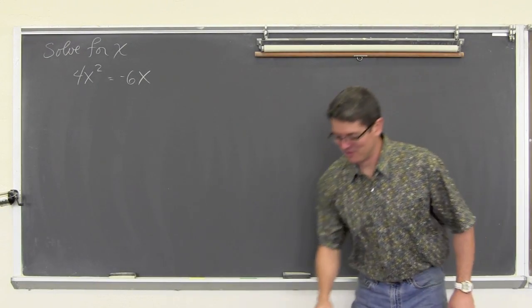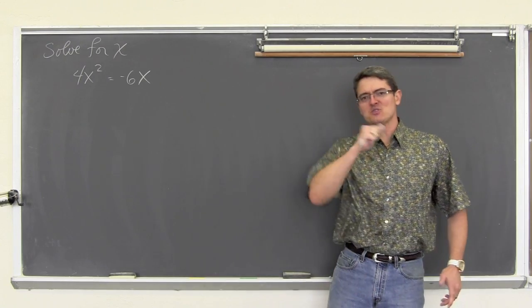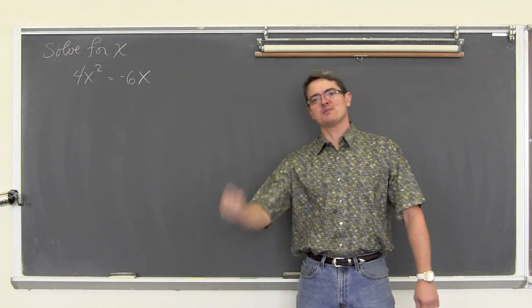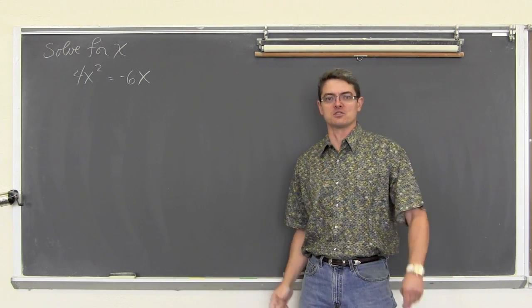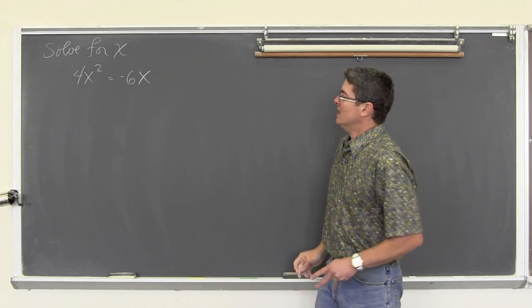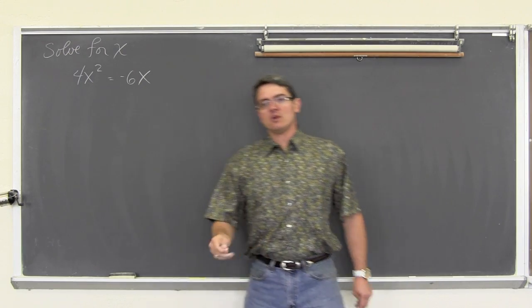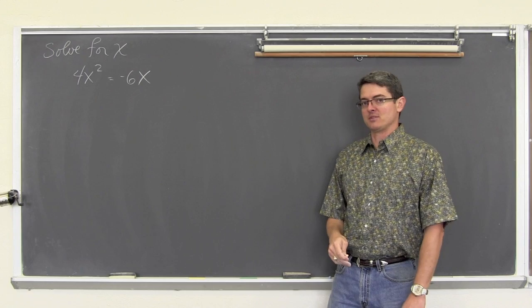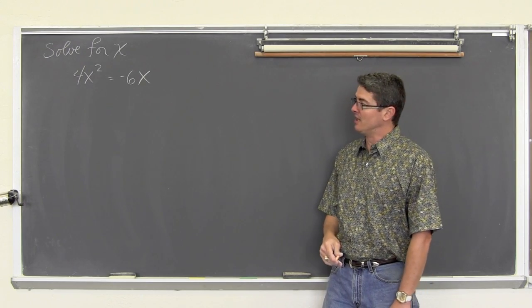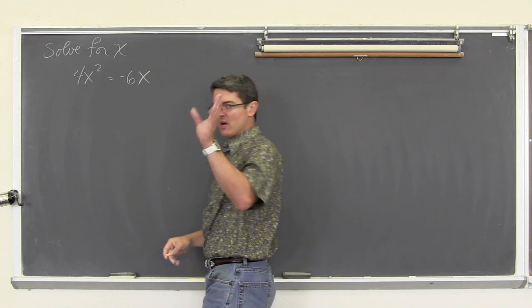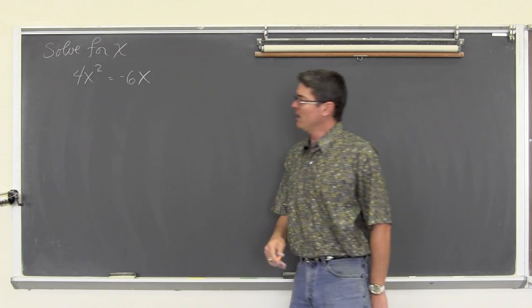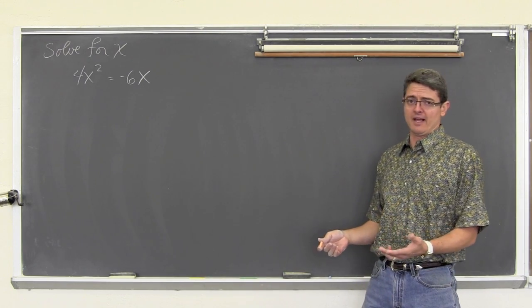Bam! Last example! Okay, use red chalk, but it doesn't show up in the camera very well, so I'm going to use orange for don't do this! We got 4x squared equals a negative 6x. I want to solve this quadratic equation. Well, both terms have an x.